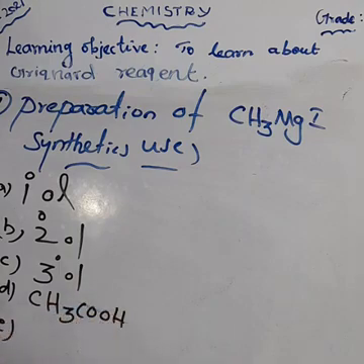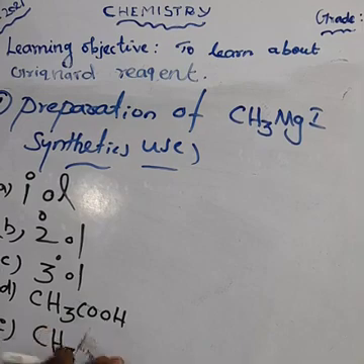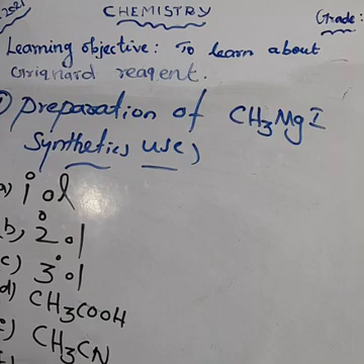Next one is alkyl cyanide, methyl cyanide, CH3CN. Next one is alkane, CH4. These are the synthetic uses of Grignard reagent.